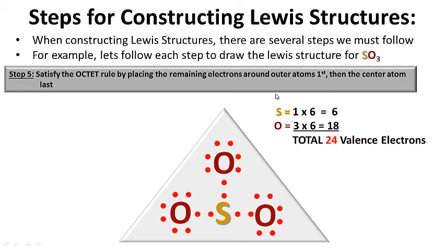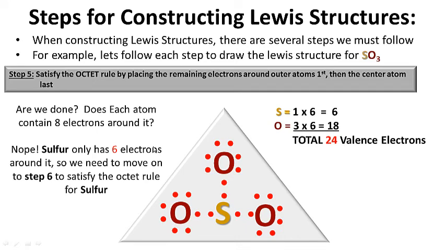So we have total 24 valence electrons. Are we done? Does each atom contain 8 electrons around it? Well, doesn't look like it. Oxygen has 8, this oxygen has 8, and this oxygen has 8, but sulfur here in the middle only has 2, 4, 6. So we need to move on to step 6 to satisfy the octet rule for sulfur.